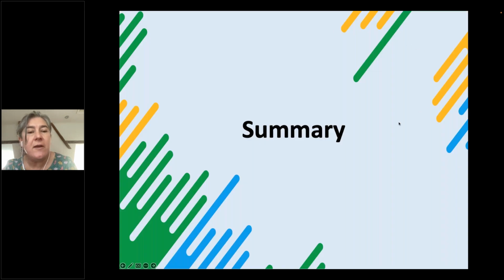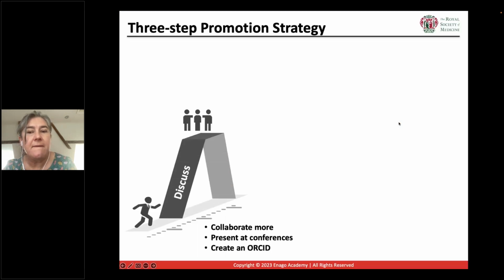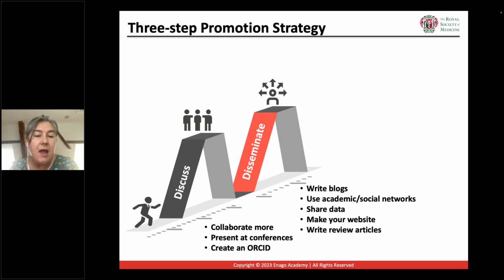So, in summary, discuss, talk to people, present at conferences, create your ORCID, and basically seek to collaborate and partner with people. Write blogs, use academic networks, social networks, share your data, and write review articles, basically disseminate the work.